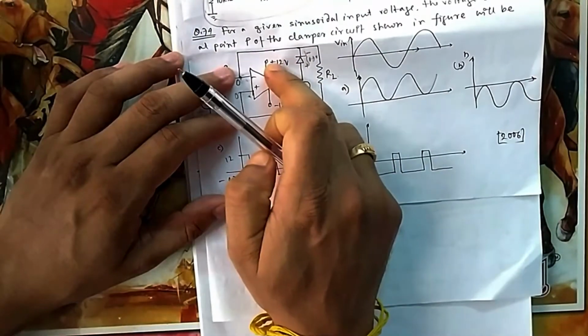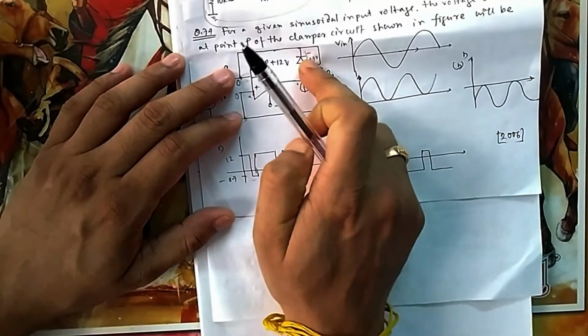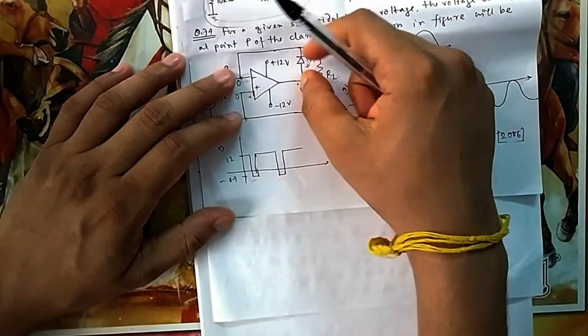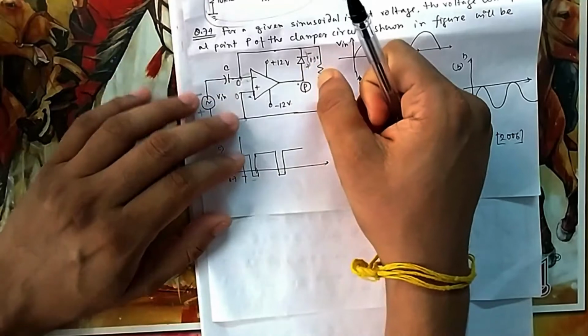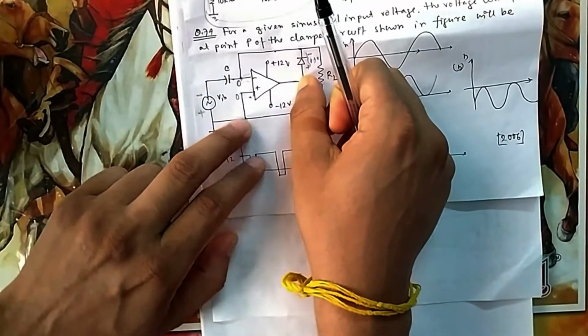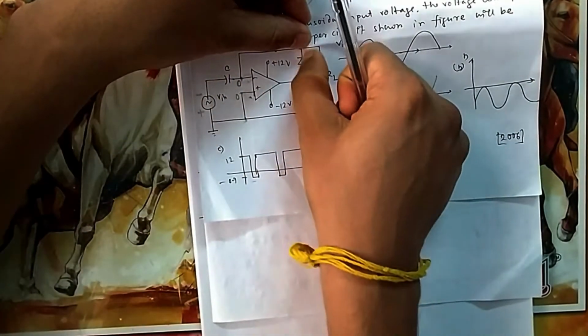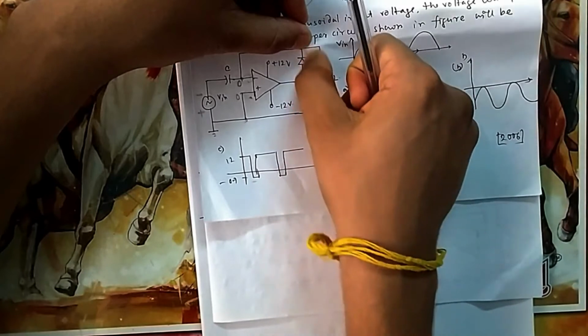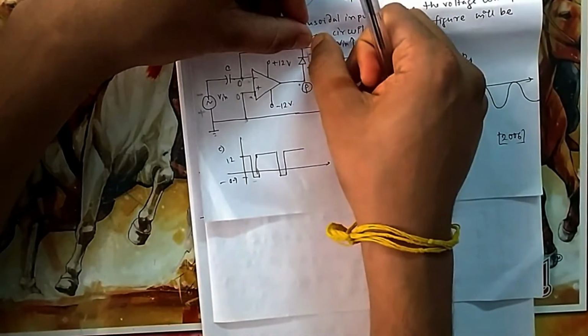It will not be plus 12, because now this is forward biased. So this drop will come between Vp and the ground. Ground is here, here, and here, so this is also grounded. So from Vp to ground it is plus 0.7.